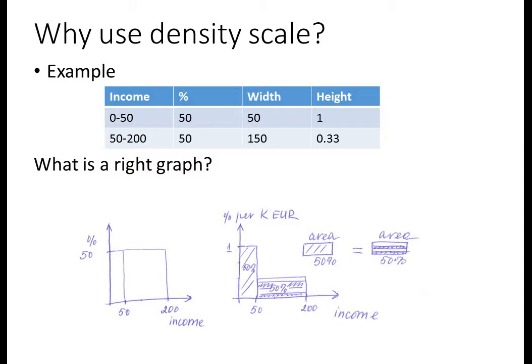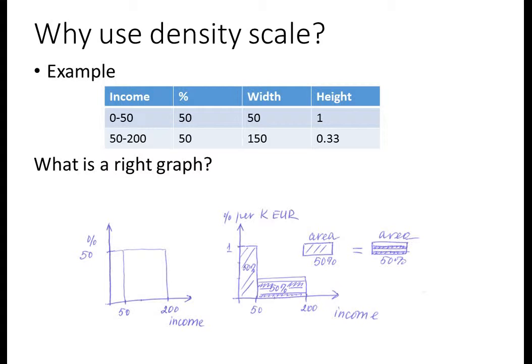So this right hand side graph actually uses density scale, or height, not just a percentage, and that's why we use density scale, because otherwise our histogram would simply not be representative of the data that we originally have.